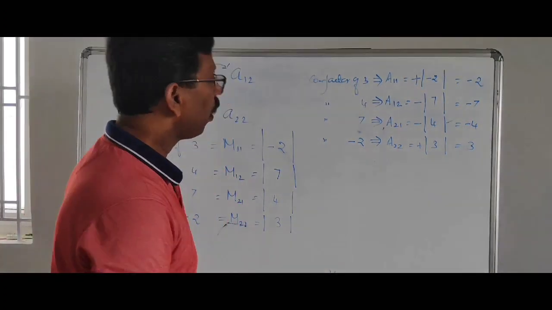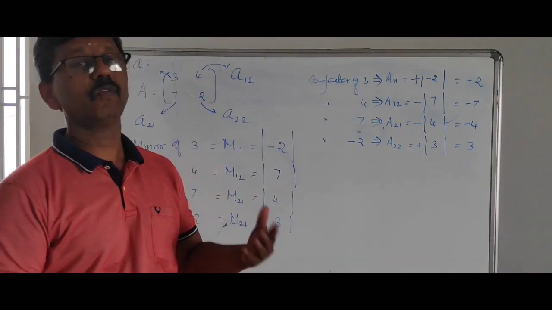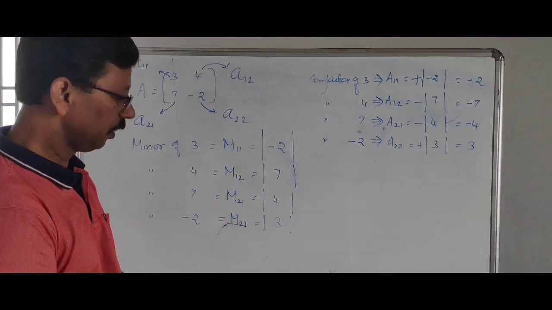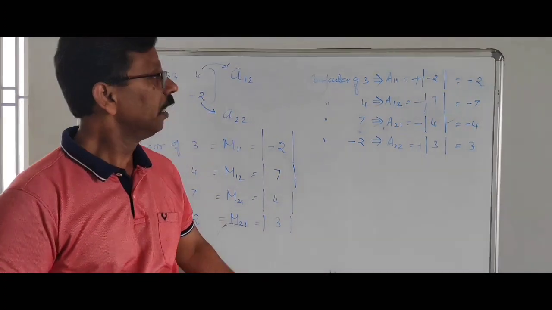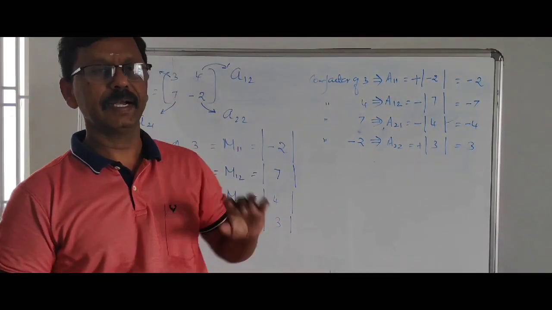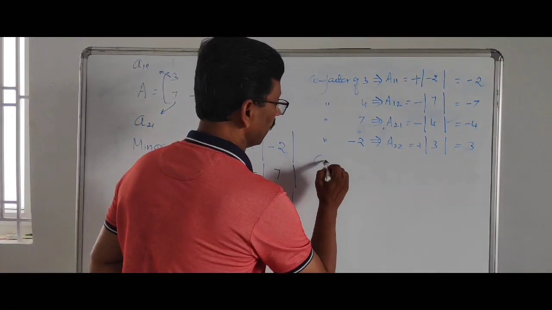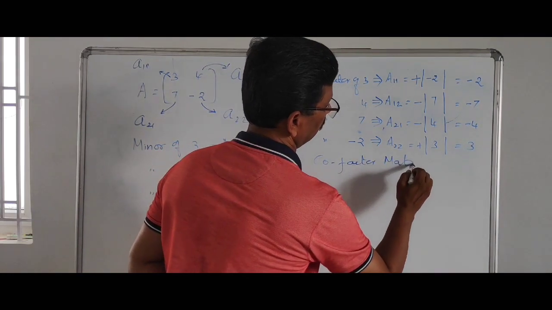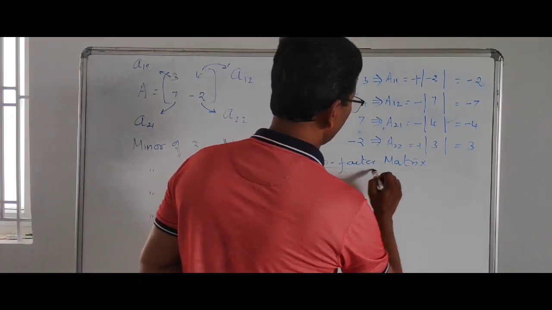Okay. Now after finding this cofactor matrix, we need to find the adjoint of a matrix. How do you find the adjoint? Before seeing the adjoint of a matrix, let us see what a cofactor matrix is.